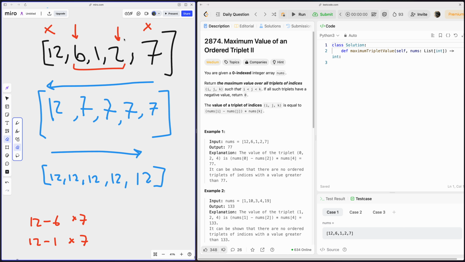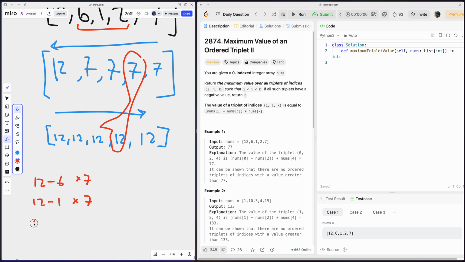And last but not least, at the third index, we would choose this, which is 12 minus 2 times 7. And then our answer would just be the max of that.